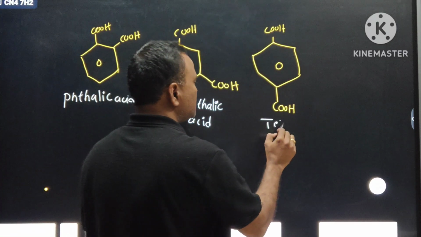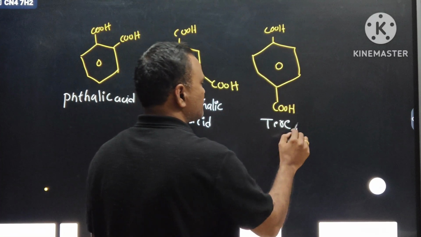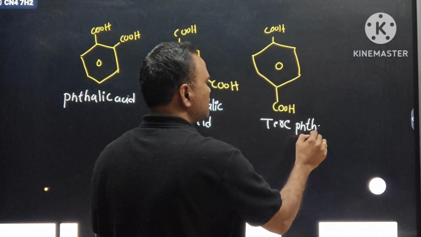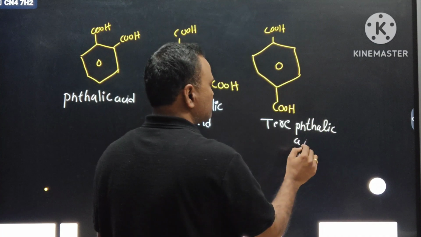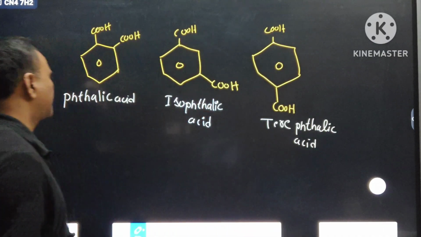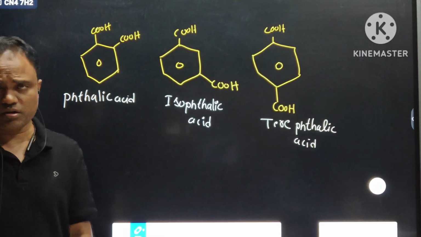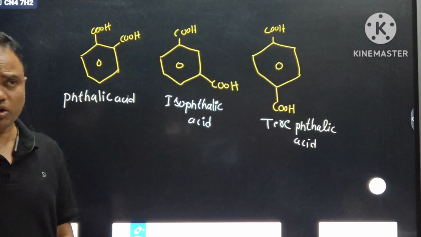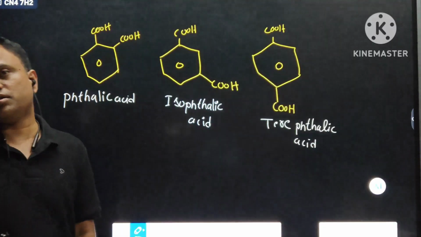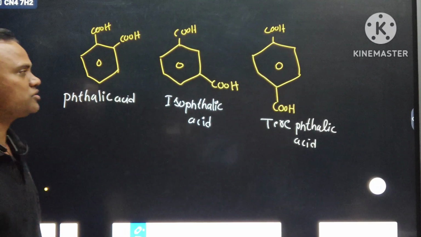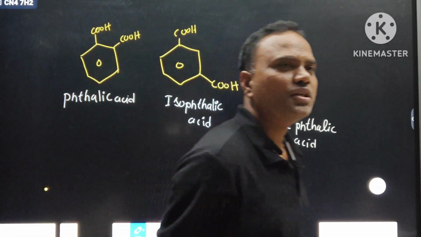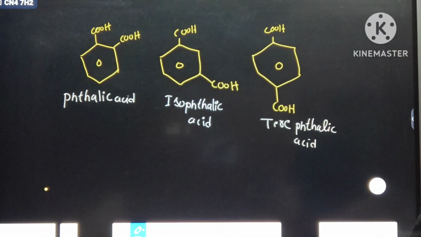This is terephthalic acid. Phthalic acid, isophthalic acid, and terephthalic acid are all dicarboxylic acids only. In which is hydrogen bond present?